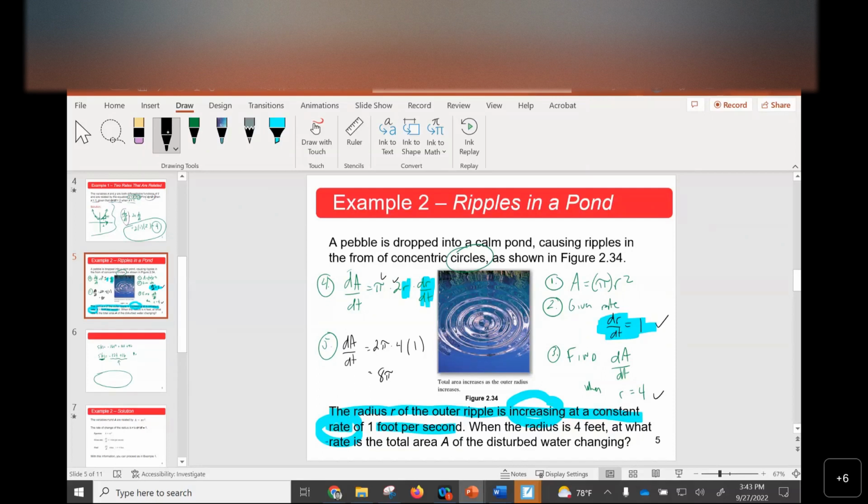It's a rate, so it's got to be feet per something. And then it should be the same rate as the, oh no, it shouldn't be, right? So this is something to think about. The radius is a foot per second. At what rate is the area changing?